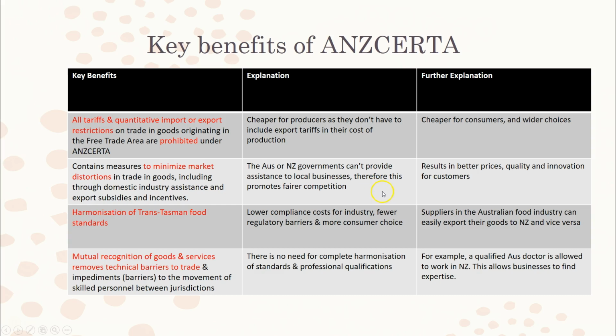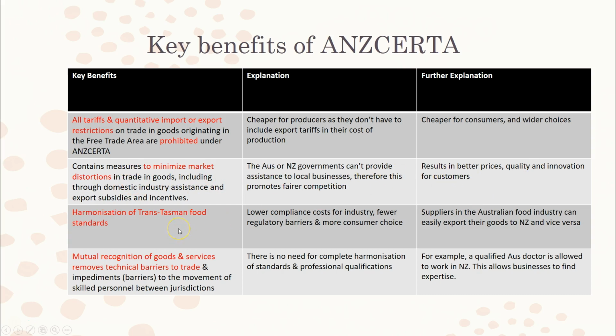They are not being cushioned by that anymore. So this is actually good for the customers especially. Customers will get better prices because of this competition. They'll get better quality. And in fact, even for the businesses, because they are pushed to compete, they could even become more innovative. Alright, so this is what this point actually means.